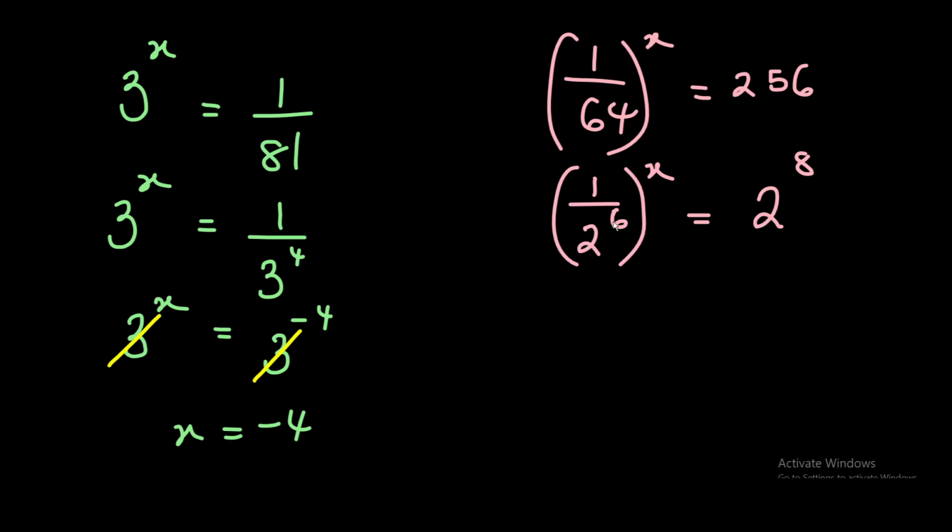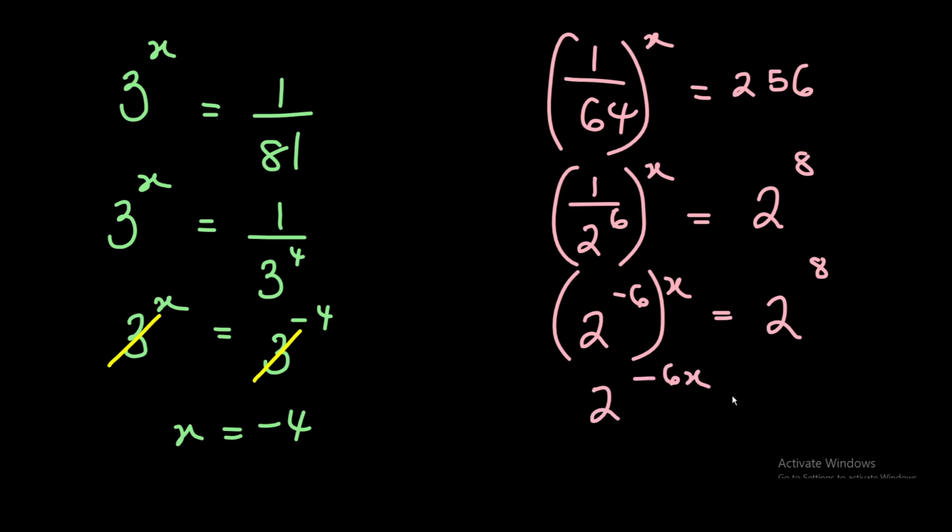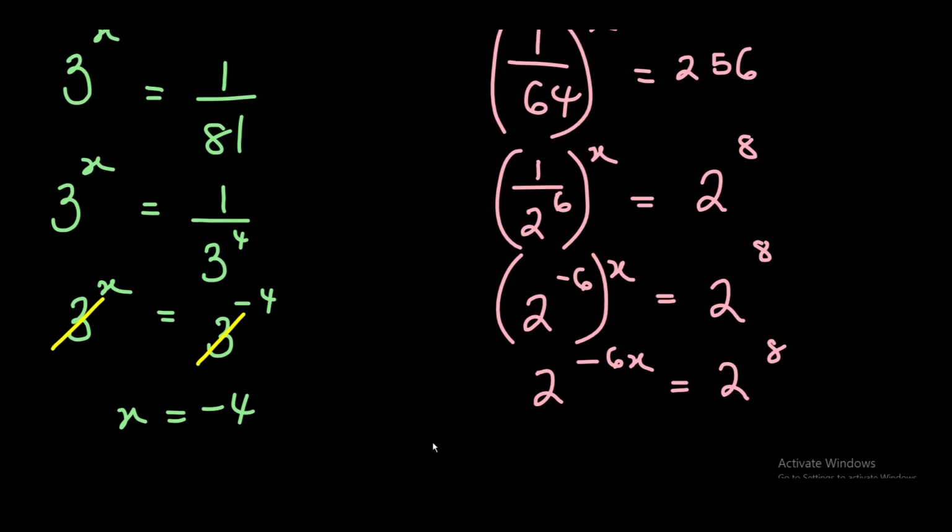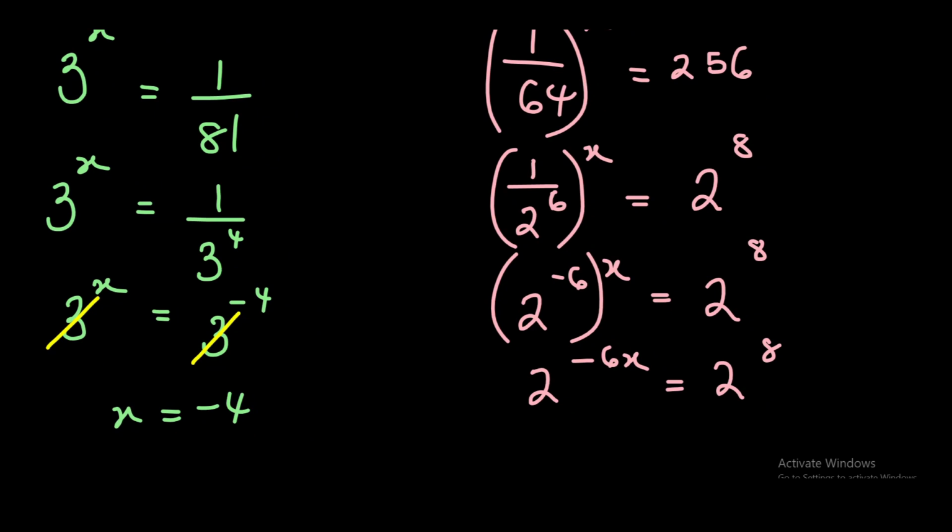Inside the bracket, you can write 1 over 64 as 2 to the power minus 6, and close the bracket to the power of x, and that equals 2 to the power 8 on the right side. If you expand this, you're going to have 2 to the power minus 6x equals 2 to the power of 8. Now you can see they have the same base 2, so they cancel out.